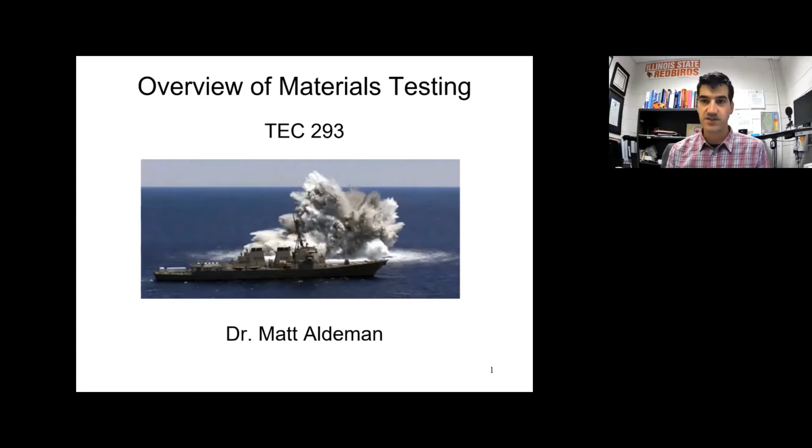And they do this with the lead ship, the first ship in each new class of ship. It's to make sure that the ship can withstand some amount of battle damage, in this case due to a mine going off nearby. And just to make sure that it's seaworthy, and not only that, but battle-worthy, I guess.